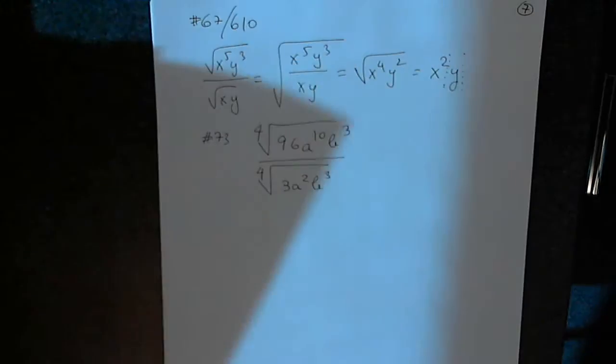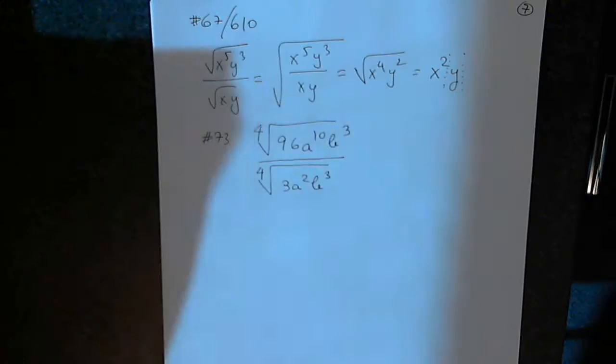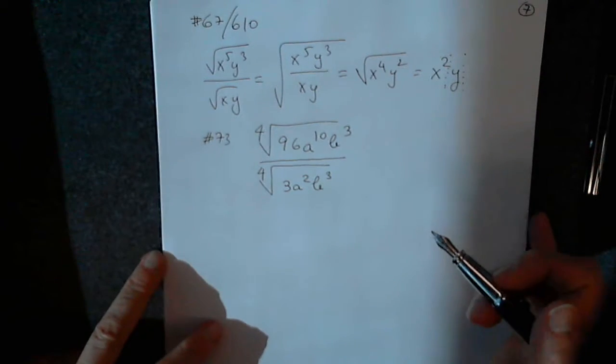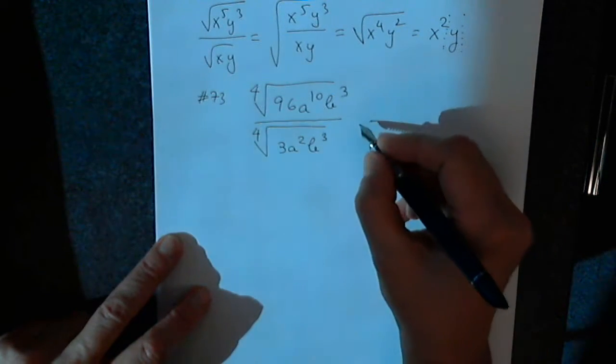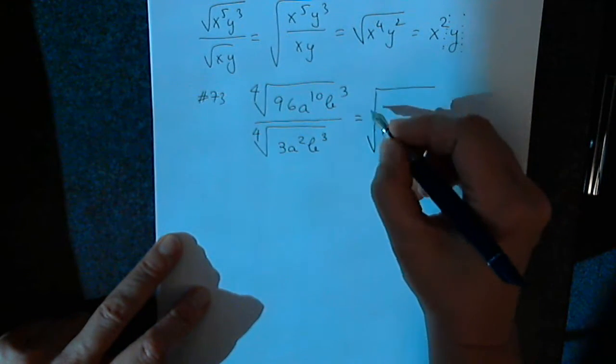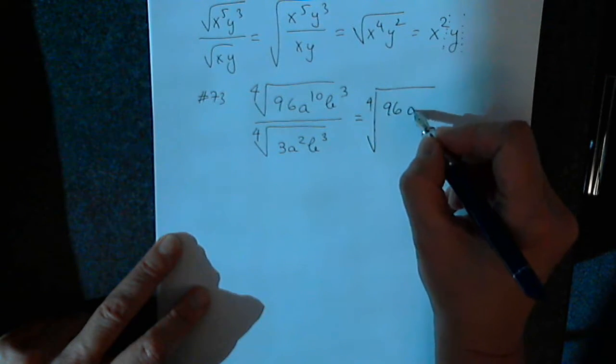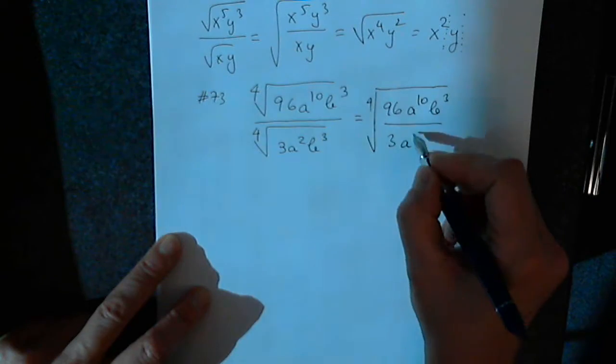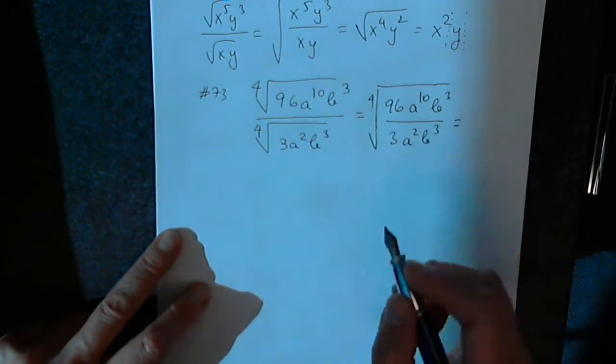And if anyone can tell us how to start. Bring it all to one root, right, because I see 96 and 3, I see A, and I see B and B. 32. Thank you. So the fourth root of 96, A to the 10th, B to the third, over 3A squared, B to the third.